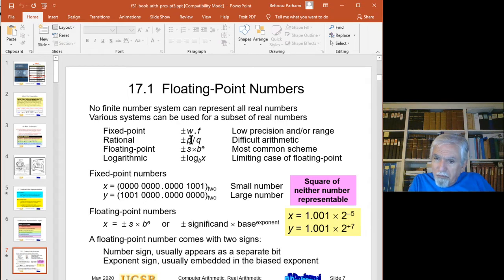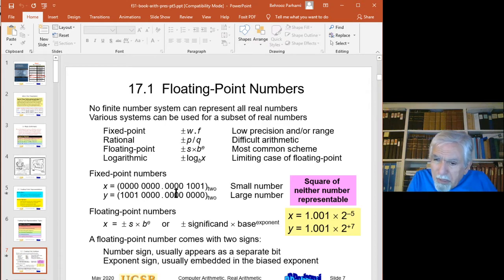Of course, if p and/or q become too large, then any fixed format will not be able to accommodate them. Floating point is the main format we'll deal with today, and logarithmic representation. Towards the end of the lecture, we'll see what it is and what advantages it can offer over floating point.